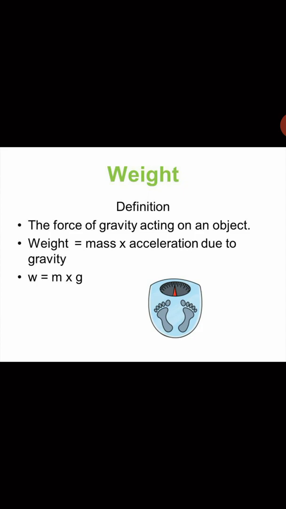In the second point, you can see weight is mass into acceleration due to gravity. Now this acceleration due to gravity is nothing but the force of gravity. So W equals M into G, where W is the weight of the object, M is the mass of the object, and G is the acceleration due to gravity.